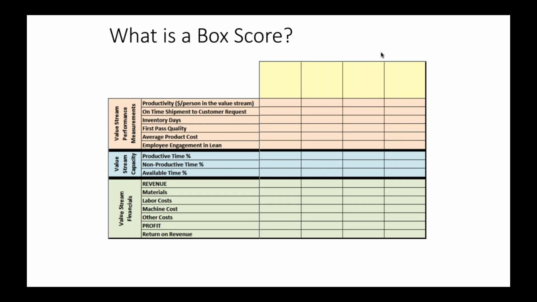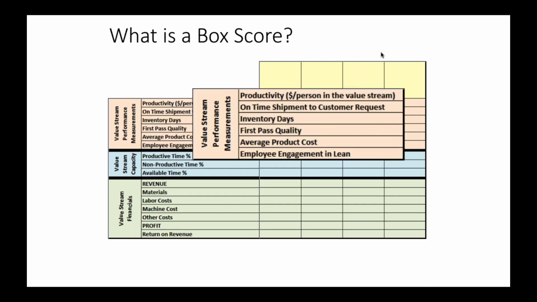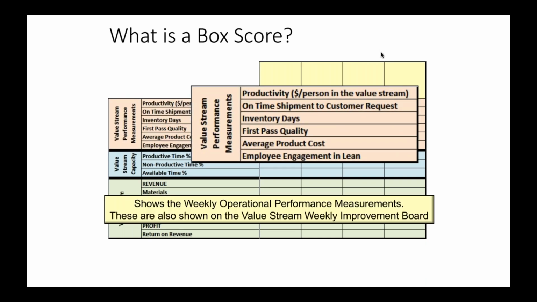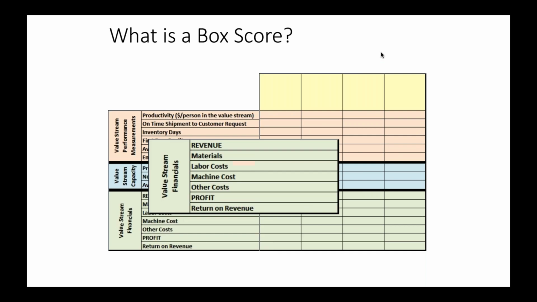So the box score is our value stream performance measurements, which we talked about in session 2: productivity, quality, delivery, flow, cost, and other measures such as employee engagement and lean. Typically, these measures are shown on a weekly value stream performance board, and then they can be incorporated into the box score.